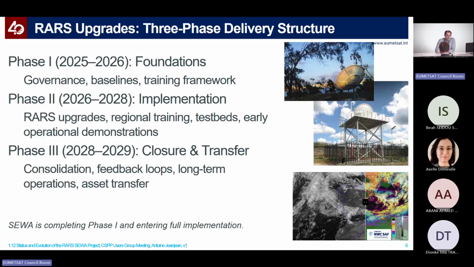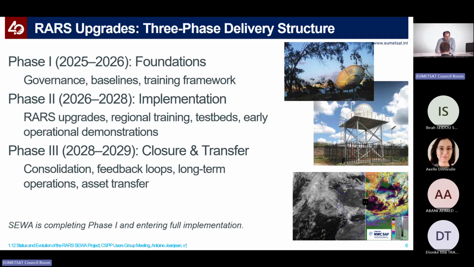There is a three-phase delivery structure. The project has completed phase 1, which was to lay the foundation for governance, baseline, and training framework, and is entering full implementation, which is phase 2, between now and 2028. This is to upgrade the stations, provide training, test beds, and early operational demonstration.